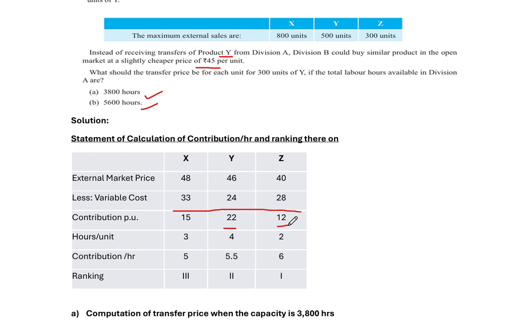Now, the required hours are given in the question. 3 hours for X, 4 hours for Y and 2 hours for Z. Now divide contribution by labor hours.